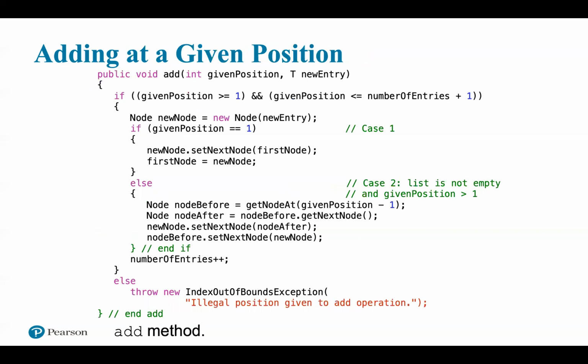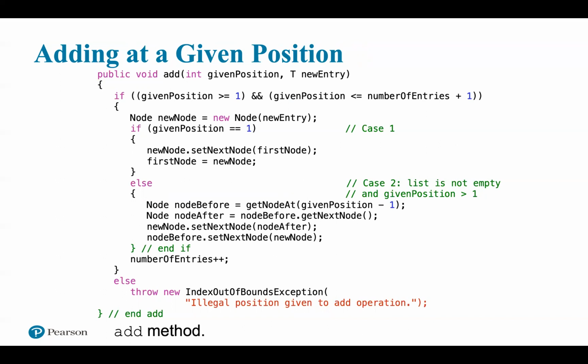In terms of adding at a position within the list, the second add method adds a new entry at a specified position within the list. After checking that the given position is valid, we create a new node that the new node references. We then must consider two cases: adding the new node to the beginning of the chain and adding the new node at a position other than the beginning of the chain.